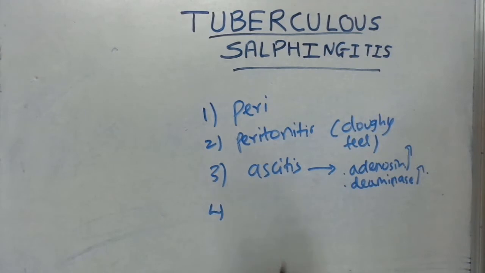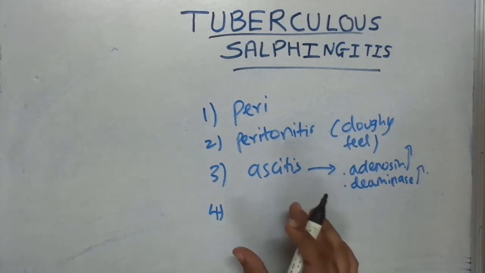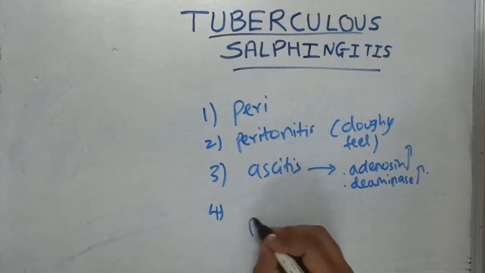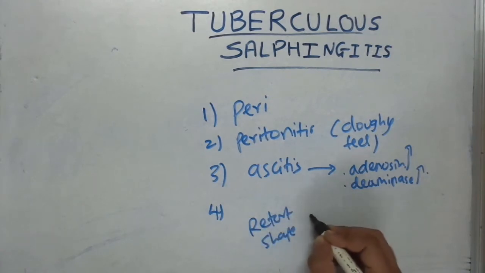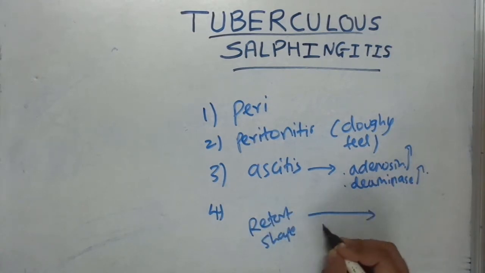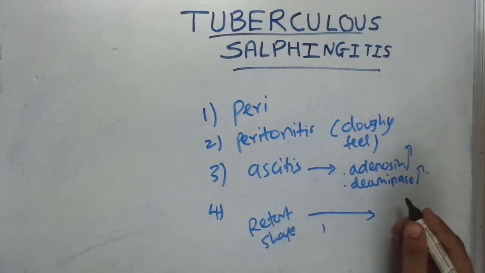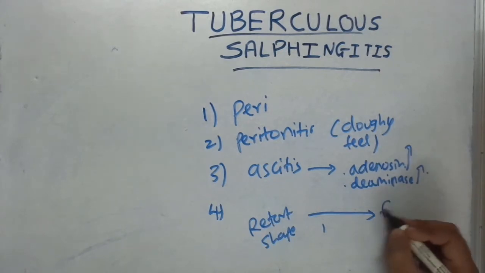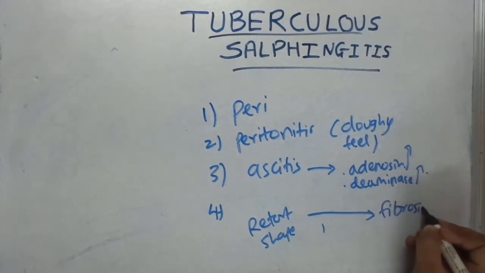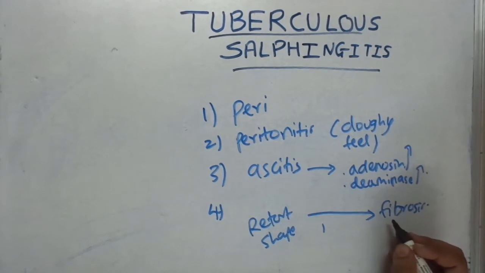First of all, with the tubercles, the fallopian tube is retort shaped, and after that, in the long term, as time passes, it progresses to fibrosis, and the tube is occluded.